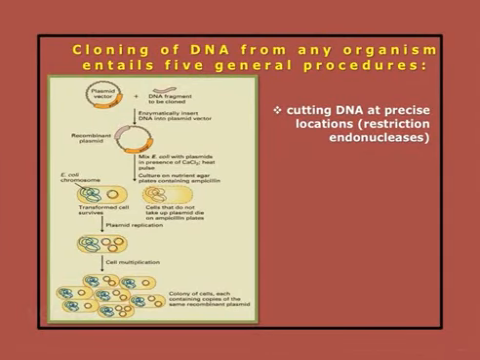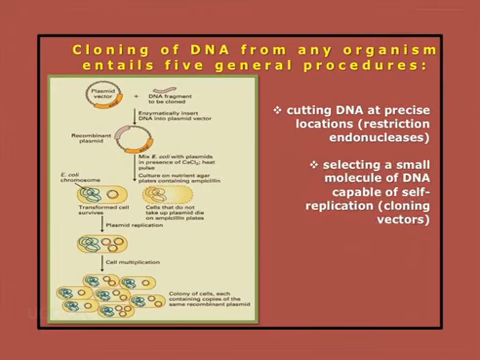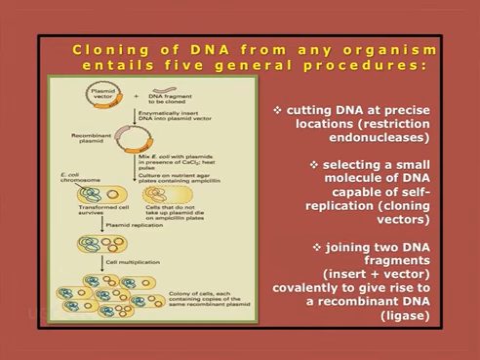Number one step is cutting the DNA at precise location using restriction endonucleases. Second one, selecting a small molecule of DNA or carrier DNA which is capable of self-replication. Third one is joining these two DNA fragments taking help of enzyme called ligase, which forms covalent linkage between the carrier molecule and the gene of interest.